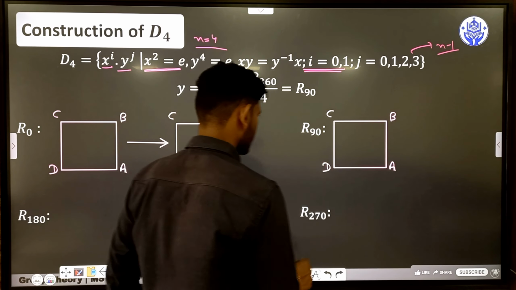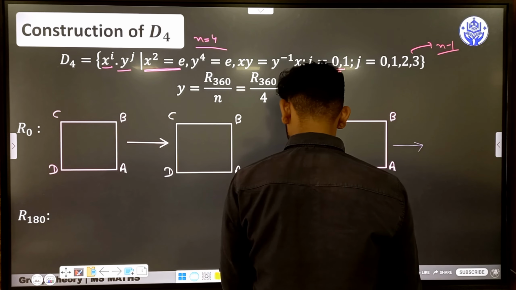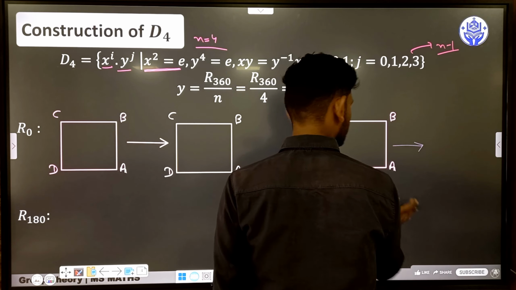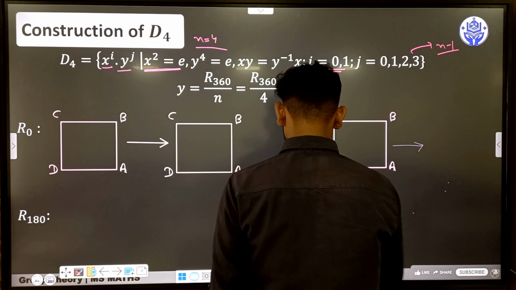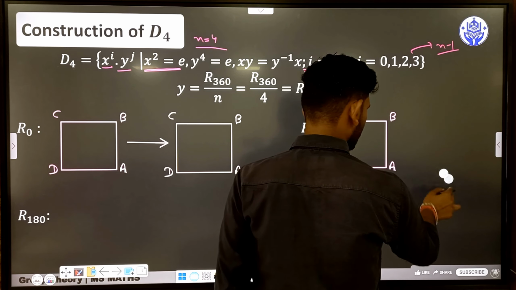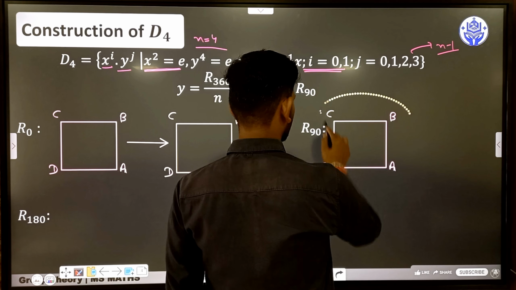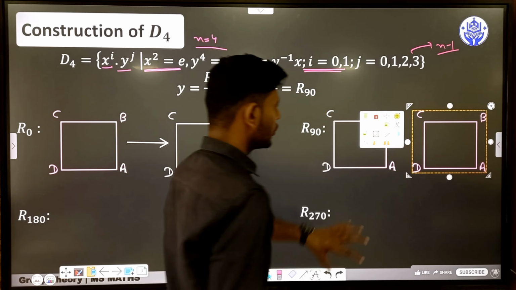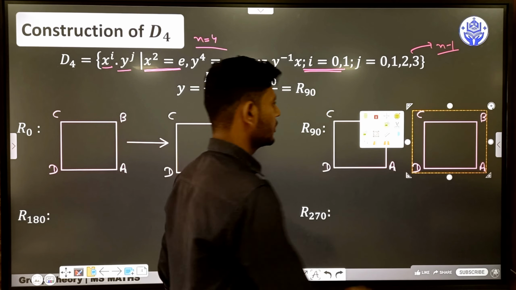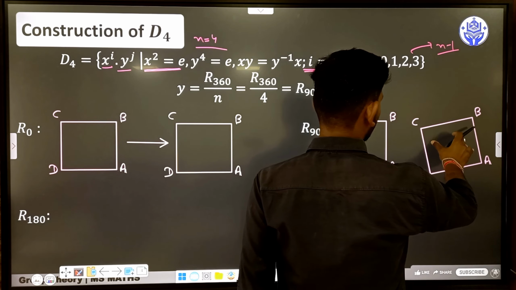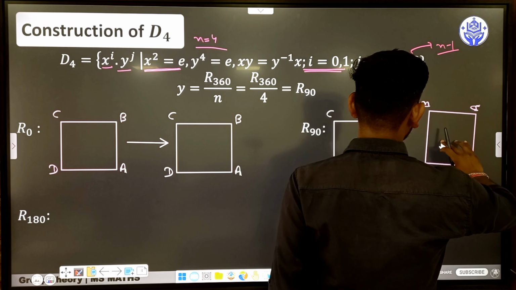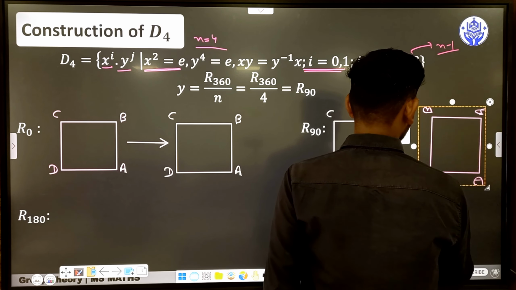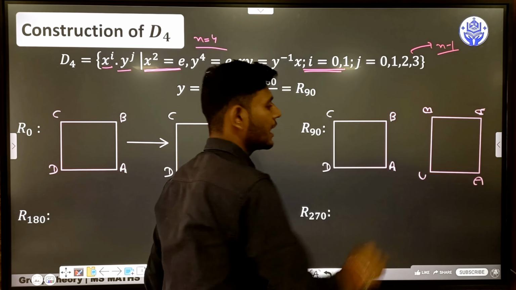If I construct the 90 degree of this, now if I rotate this with 90 degree, then what happened? My A will be here. If I rotate this with 90 degree, then you can see how it will look like. This will be A. So here it is A, B, C and D.